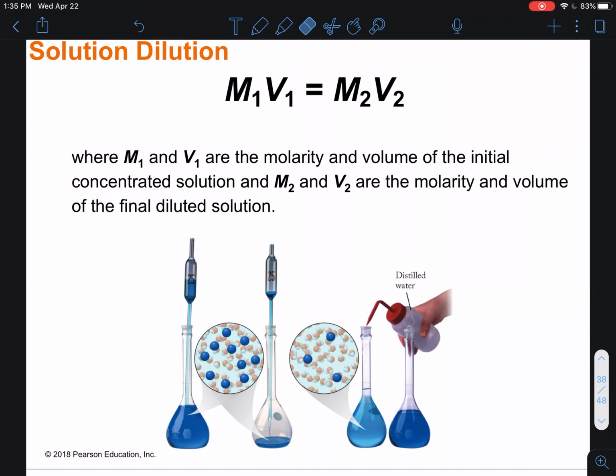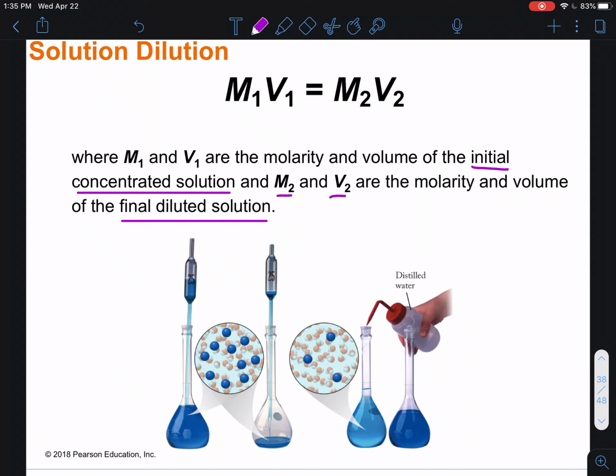So where M1 and V1 are the molarity and volume of the initial concentration. Right. That's why it's M subscript 1. And M2, V2 are the molarity and volume of the final concentration. Okay, the diluted concentration.